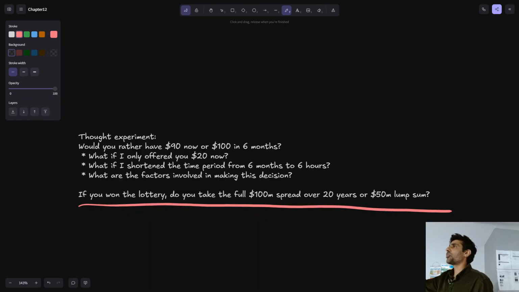We'll either spread out that 100 million over 20 years in equal installments, or we'll give you 50 million upfront in one shot. What should you take? What is a framework you could use to answer this question? Did you just go with your gut? No, right? There is a mathematical framework that we can use to answer this question definitively.